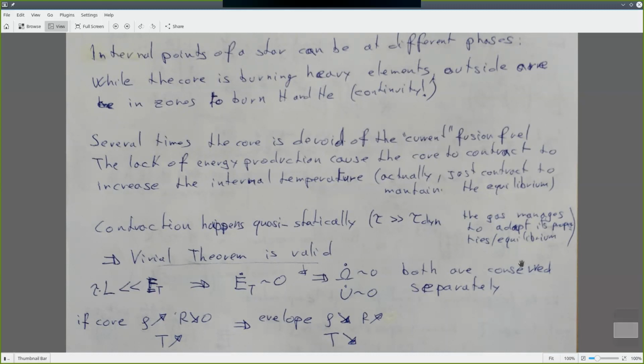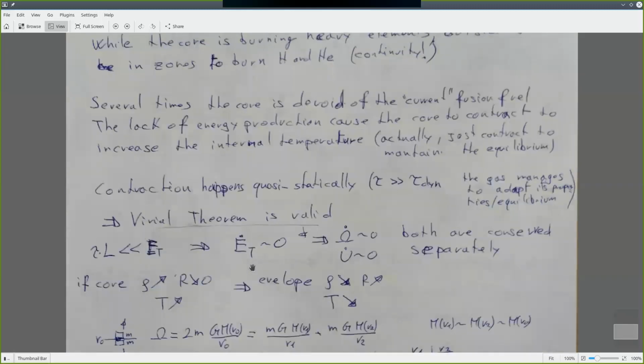So if hydrostatic equilibrium is valid, the Virial theorem is valid, and we can use it to study how it works. This is essentially what happens for the red giant and why stars move from the main sequence to become a red giant.